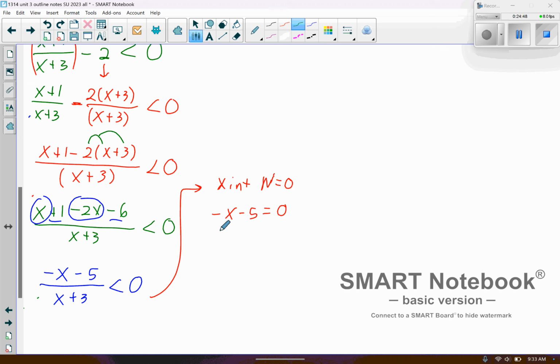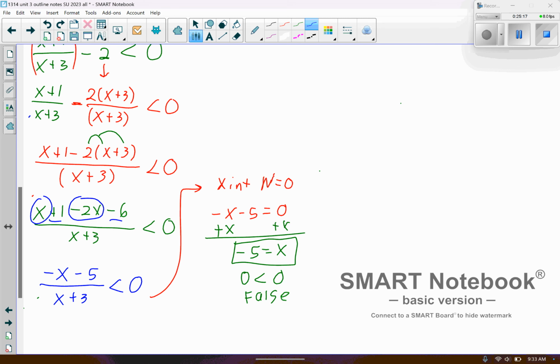The easiest thing to do here probably would be to add an x to both sides. And so I'll figure out that negative 5 equals x. So that is my x-intercept right there. I took the numerator and set it equal to 0. Now when I plug it in, I would get 0 is less than 0, which is false. So it's still a key point, but it will not be included as part of my solution.